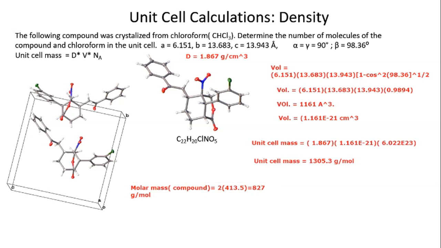So what we want to see is if it's 827 grams per mole, our unit cell mass is 1305. Give me one second, double check. So the difference is going to be the molar mass of the chloroform contribution.